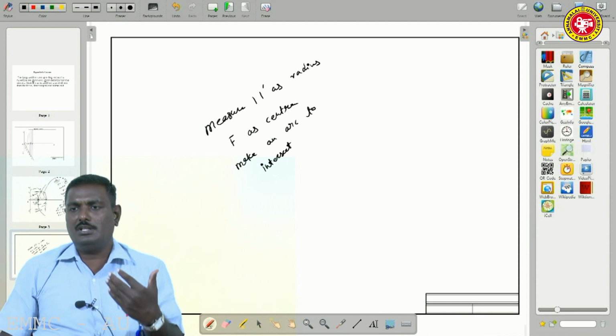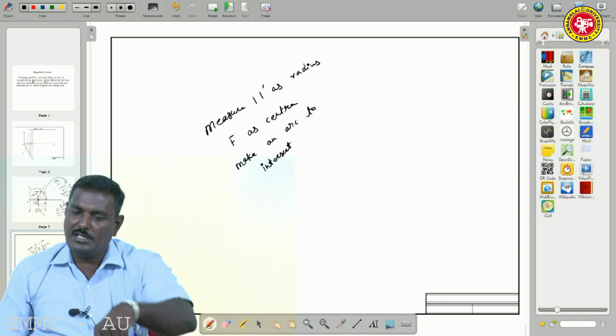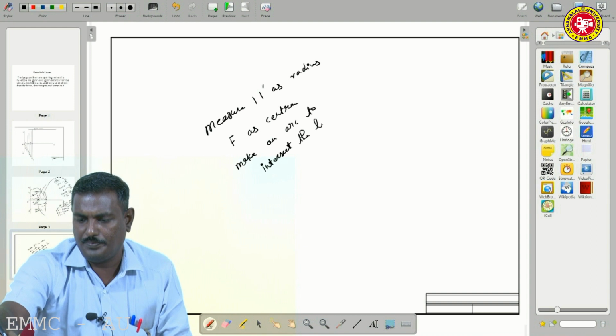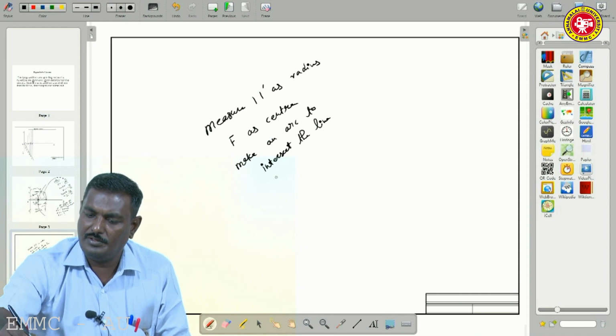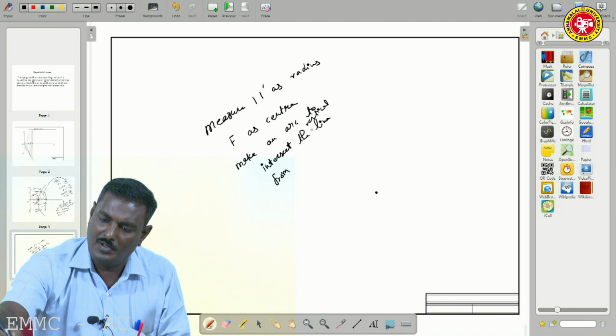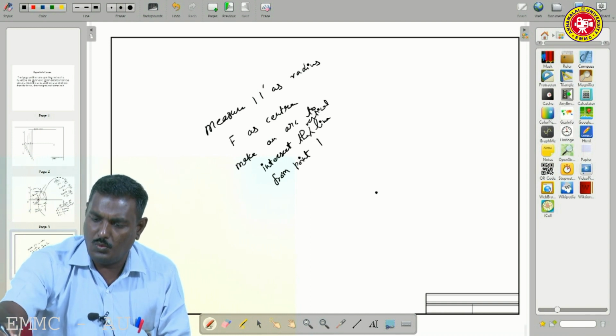Which line is to be intersected? The line where you measured, the vertical line from point 1.